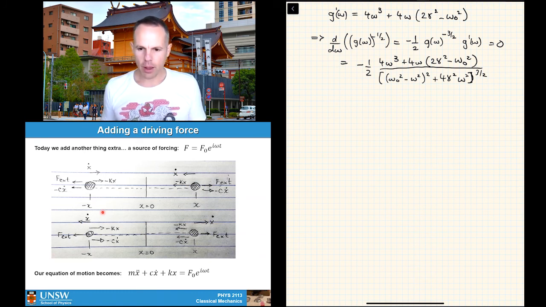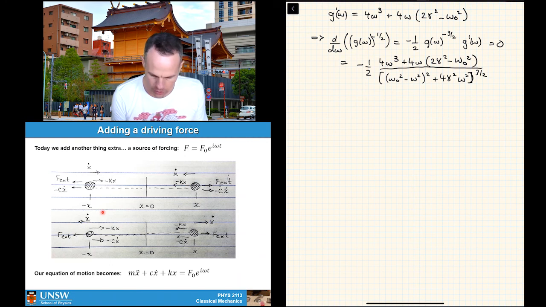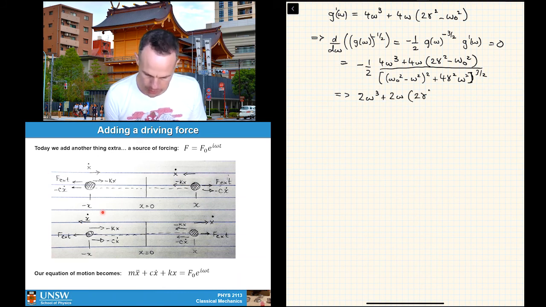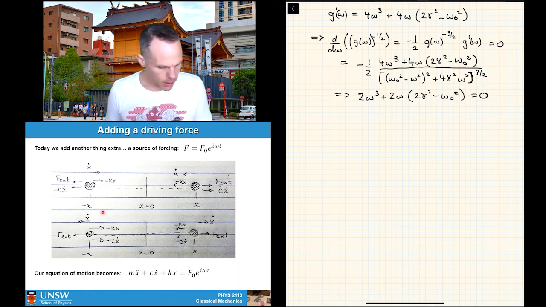Okay, and of course it looks more imposing than it really is. It's a big equation, but the way to make it 0 is that we make the numerator go to 0, right? And so that actually is not too scary. We can act the half through that whole thing at the top. The minus sign vanishes because you can use the 0 to clean this up. So what we're really looking at here is 2 omega cubed plus 2 omega times (2 gamma squared minus omega naught squared) is equal to 0. Let's see here, what can we do?